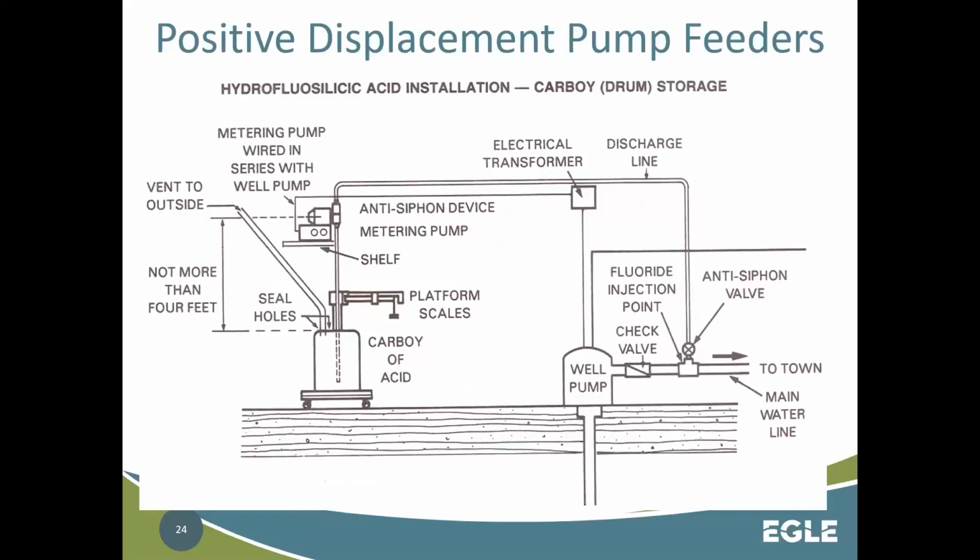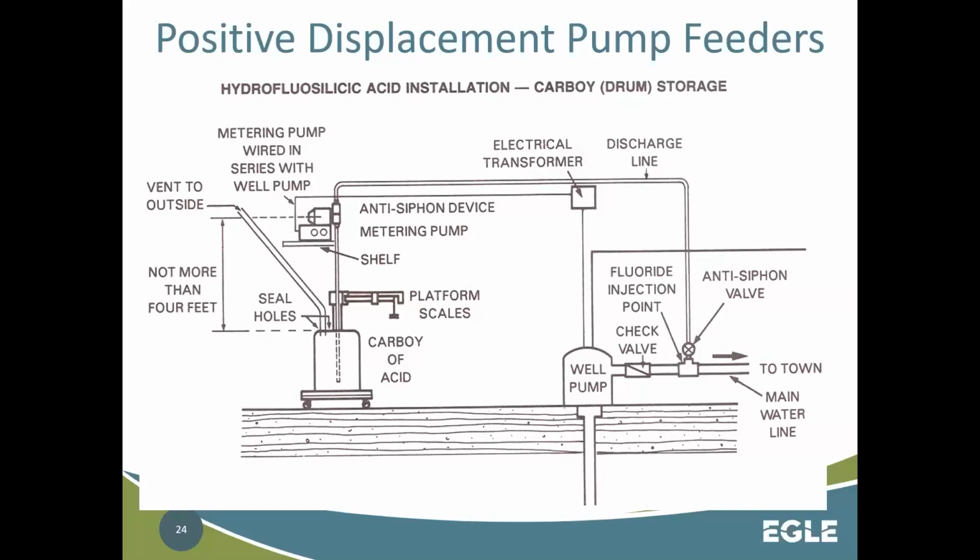Okay, then our most common setup is the positive displacement pump. So the fluoride is pumped out of a day tank and directly into the water system. And the day tank is typically on a scale for weight determinations.